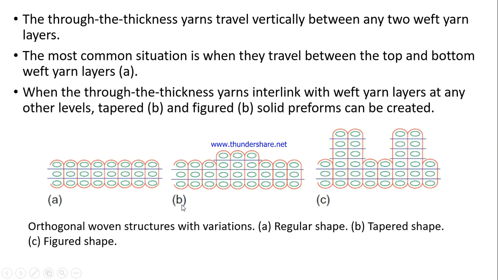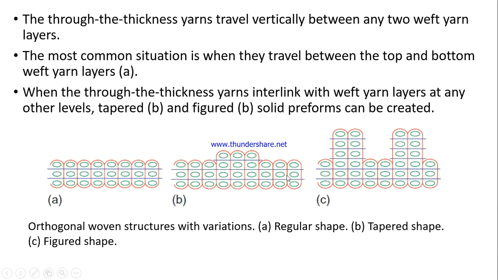Okay, here at B you can see this through the thickness binding is there for the three weft yarn layers. After that, the four weft layers are bound by the through the thickness interlaced yarn. So again, after consecutive four layers of binding, then again three layers of binding will be there.